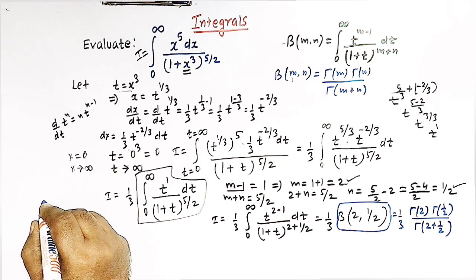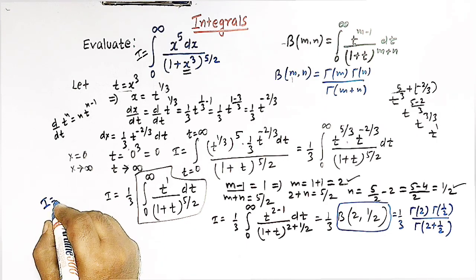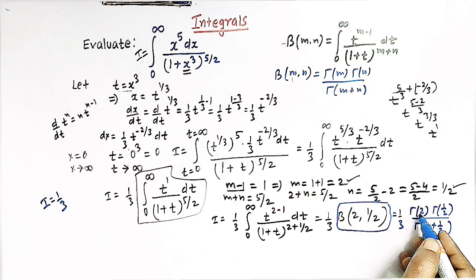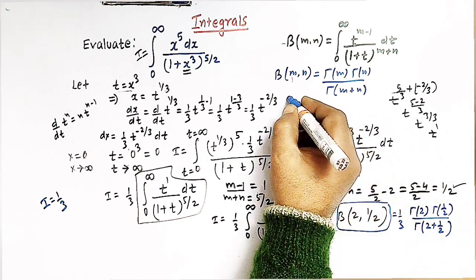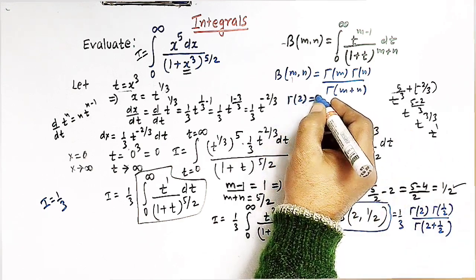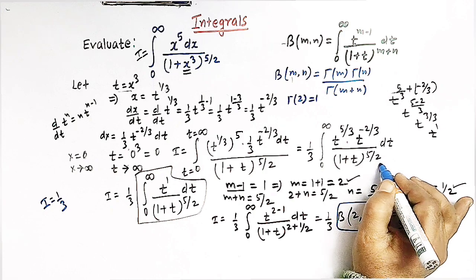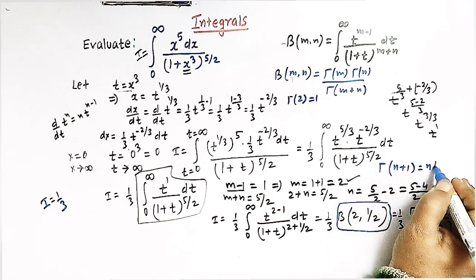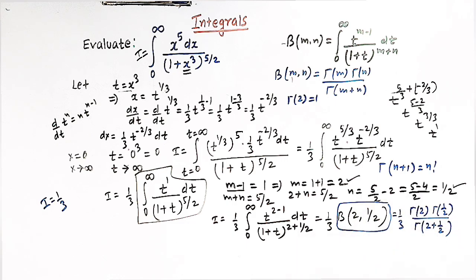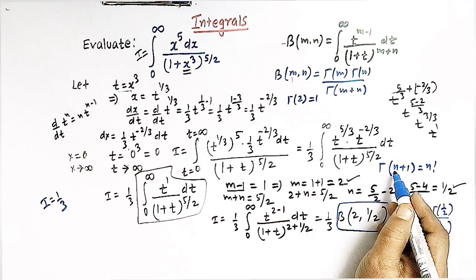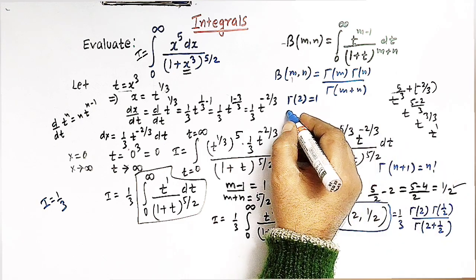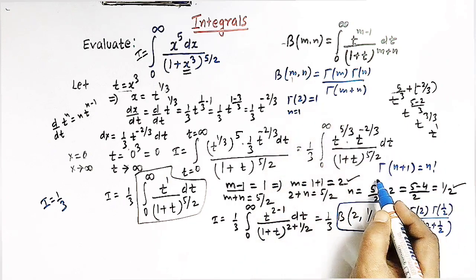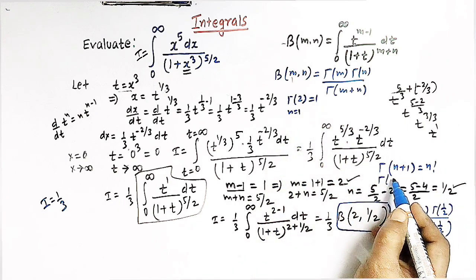So we can now write the value of I as 1 over 3, and gamma 2 is equal to 1, because here we can use this result gamma n plus 1 is equal to n factorial, where n is some positive integer. So if we take n is equal to say 1, then here we have 1 plus 1, 2.